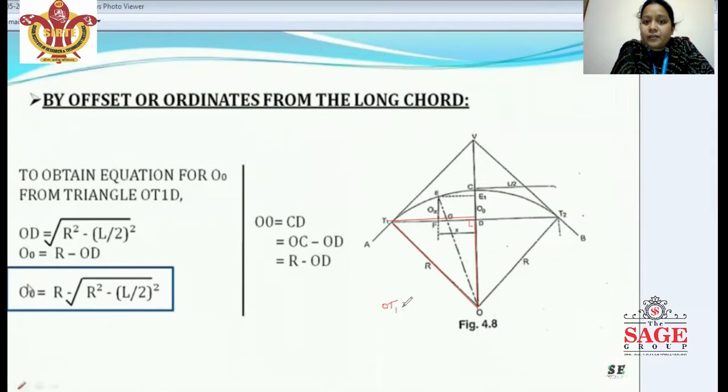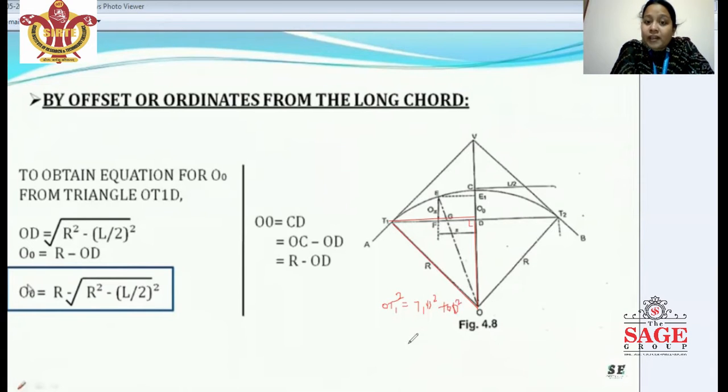What is OT1? OT1 equals, that is our hypotenuse square, using the Pythagoras theorem. OT1 equals T1D square, and that is OD square, that is our base, plus OD square.